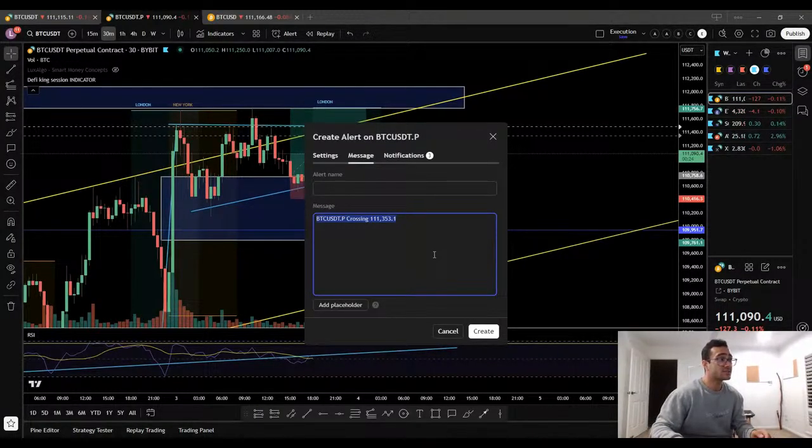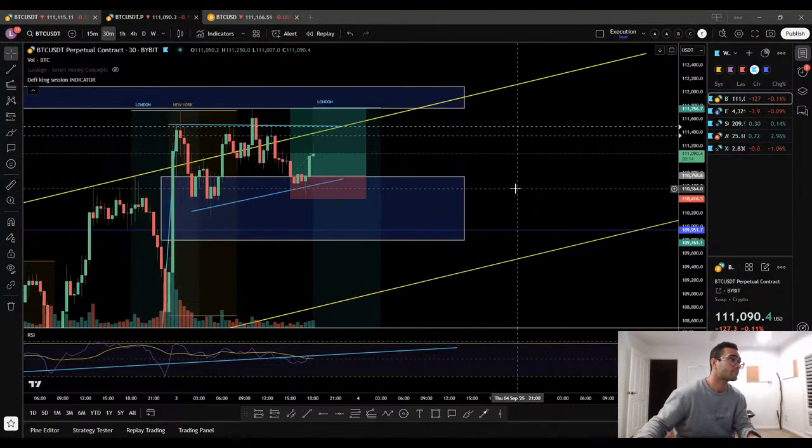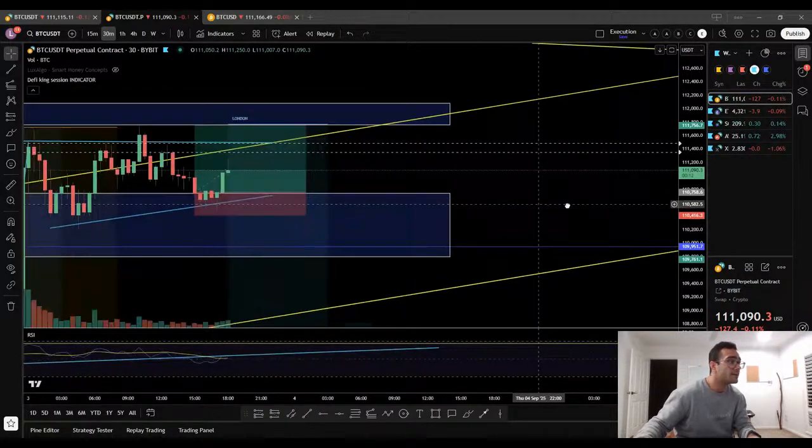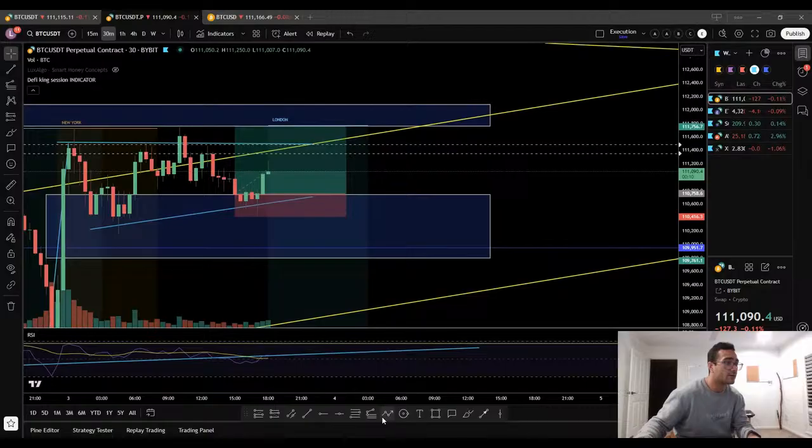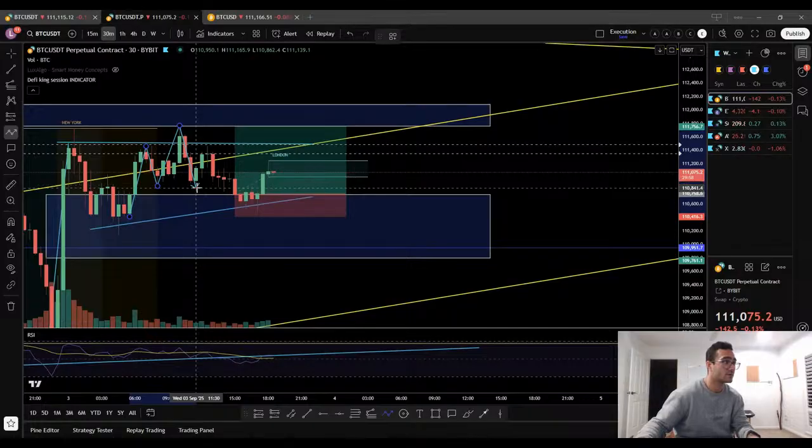So let's name this neckline. Now that we can see a clearer picture, we'll go like this. Left shoulder, coming down. Head, tap the fair value gap, coming down.